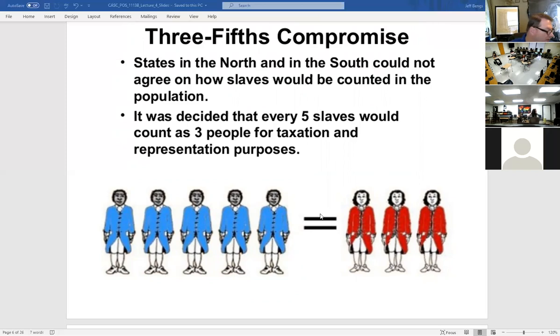All right, so you'll see there at the bottom of page 35 that we are beginning a section on ratifying the Constitution. Ratifying means having the approval of enough delegates or enough states to put it into effect.